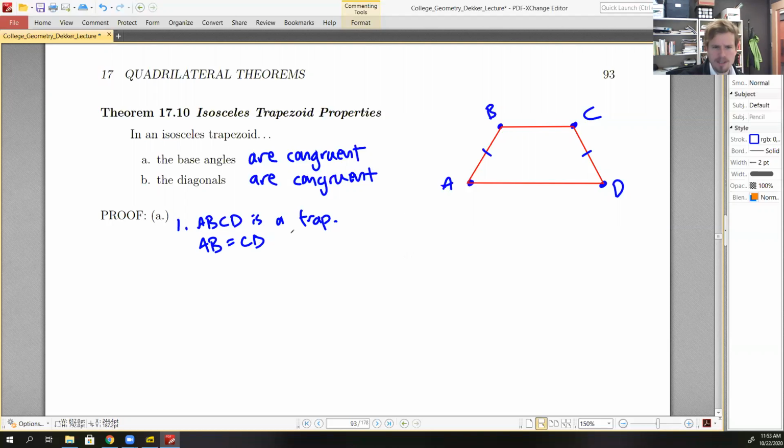So it's a trapezoid, and this makes it isosceles. This is given. Because it's a trapezoid, of course, the base is parallel to the top. That's just the definition of trapezoid.